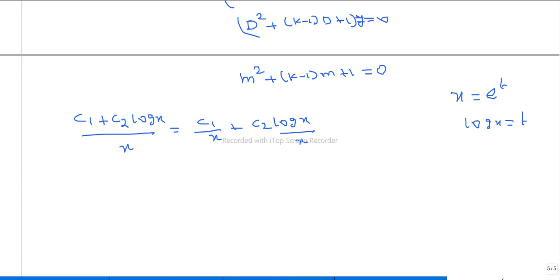Because the discriminant b square minus 4ac should be 0.